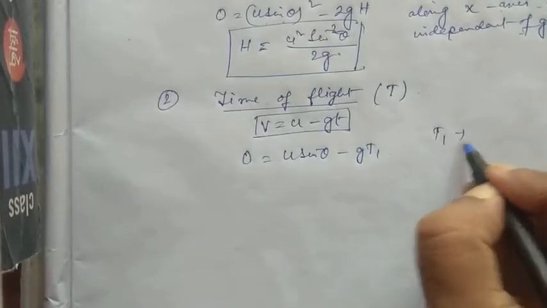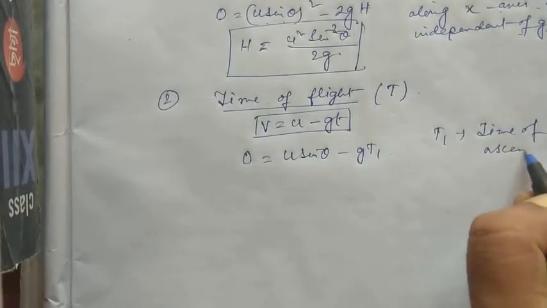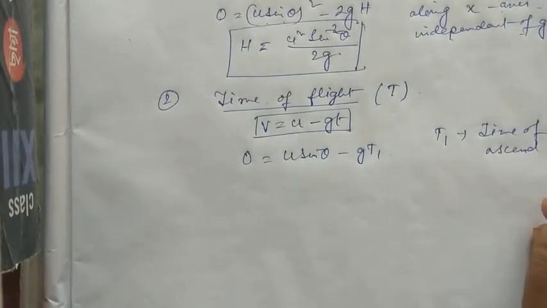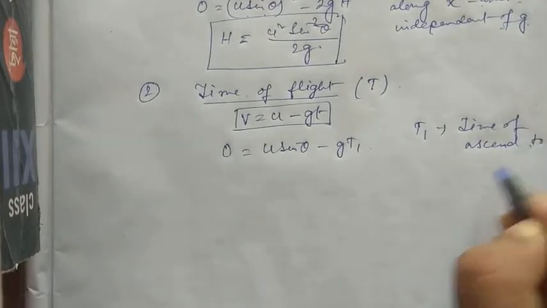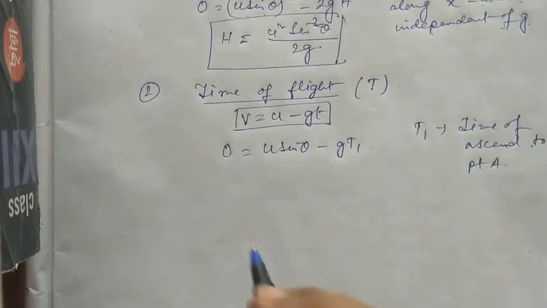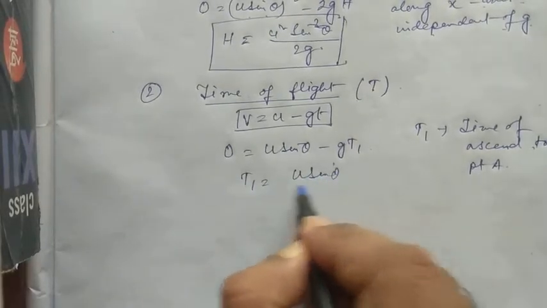So t1 is the time of ascent to the peak point A. Now t1 is equal to u sin theta by g.